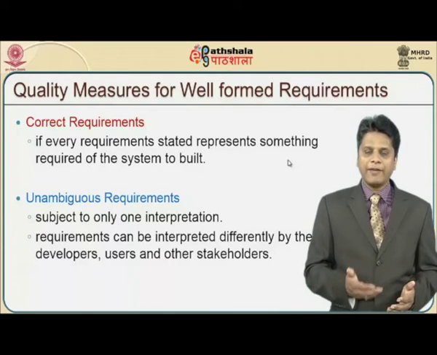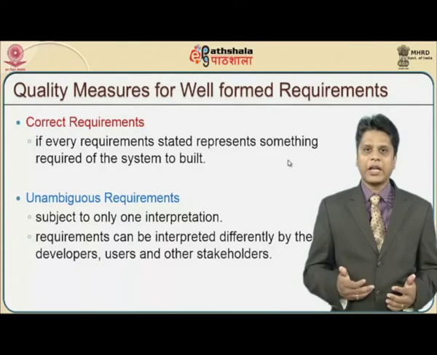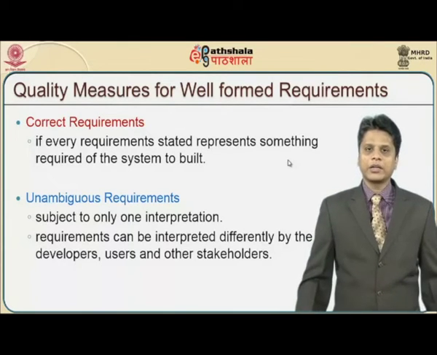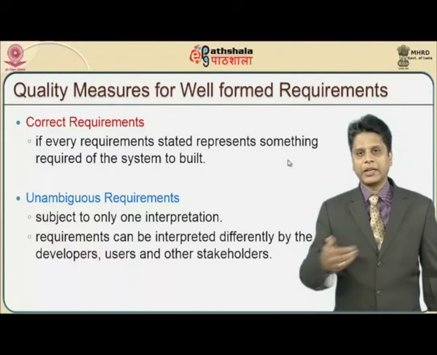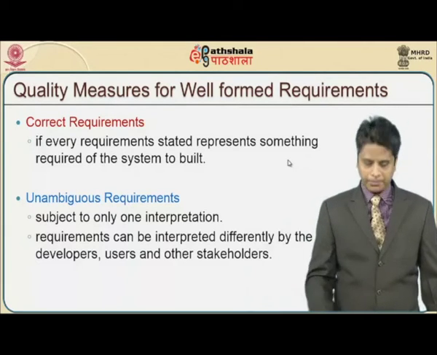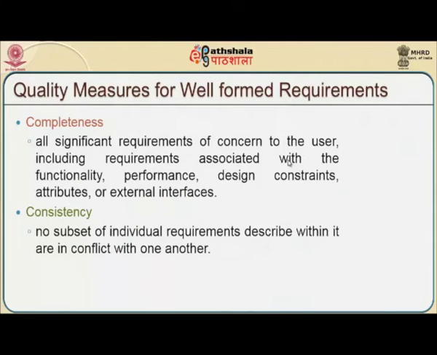So I may have to adopt only one strategy where I will be very clear what interpretation everybody tries to provide. And about completeness as a quality measure, it covers all significant requirements of concern to the user, including requirements associated with the functionality, performance, design constraints, attributes and external interfaces.